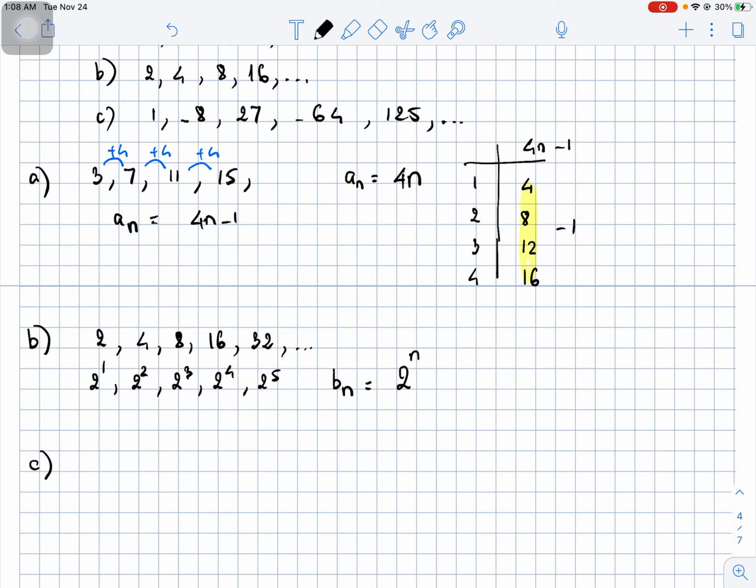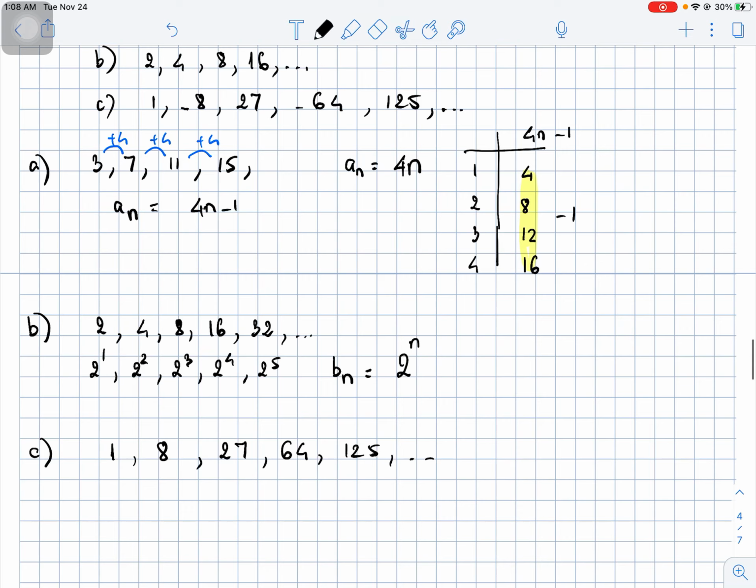In problem C, the minus is a little headache for us. So first of all, let's forget about the minus and the alternation. We just do the positive numbers. So 1, 8, 27, 64, and 125. We will rewrite those numbers as 1, and this is 2 cubed, 3 cubed, 4 cubed, and 125 is 5 cubed.